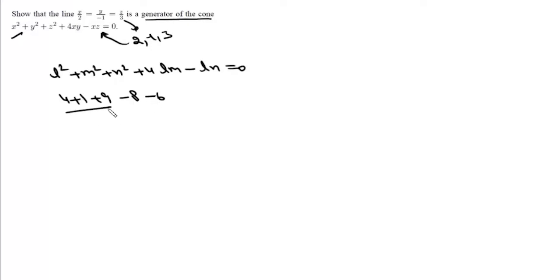So we need to check if L square plus M square plus N square plus 4LM minus LN is equal to 0. Now we'll put in these values. This is 4 plus 1 plus 9 and this is -8 minus 6. Now this is 14 minus 14, which is 0. That means this line indeed is a generator of this cone.